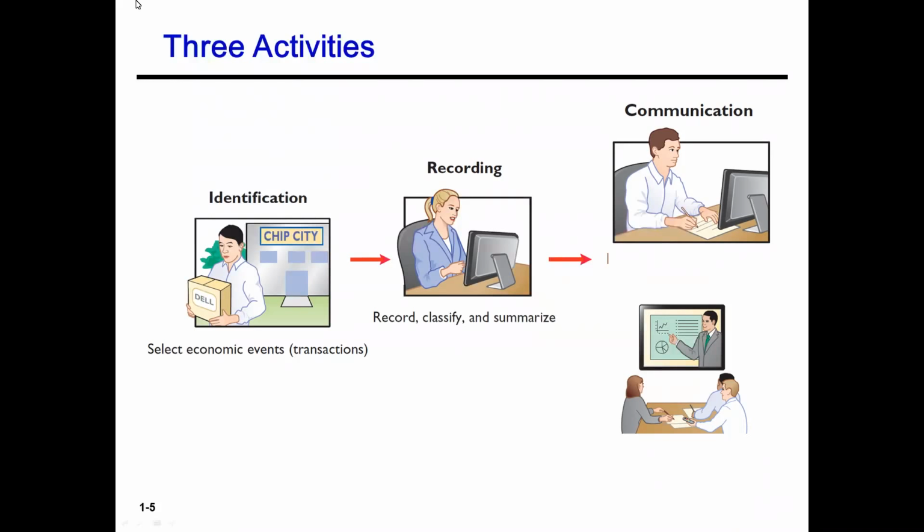So that is the second activity, the recording process. In this process is where the accountant has to specifically record every single transaction. Every single transaction is unique to other transactions.